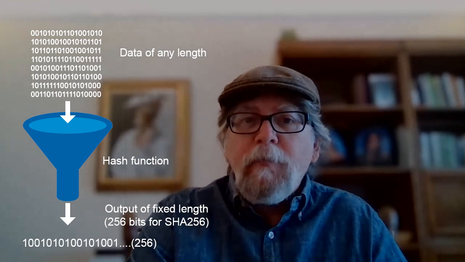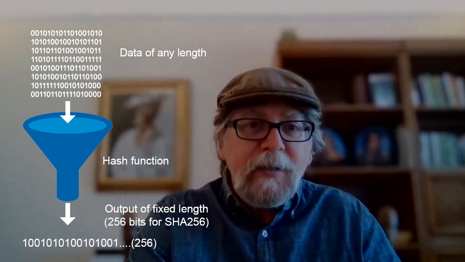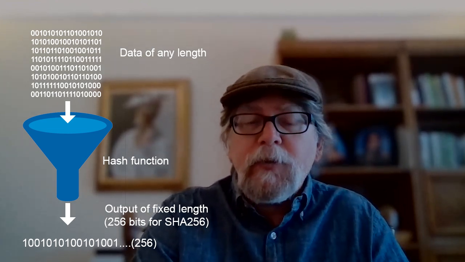In Bitcoin, both the binary output and the hexadecimal output are used in different places. So any sized input equals a fixed sized output, and the output is deterministic. That means that every unique input has a unique output, and the same input always generates the same output.